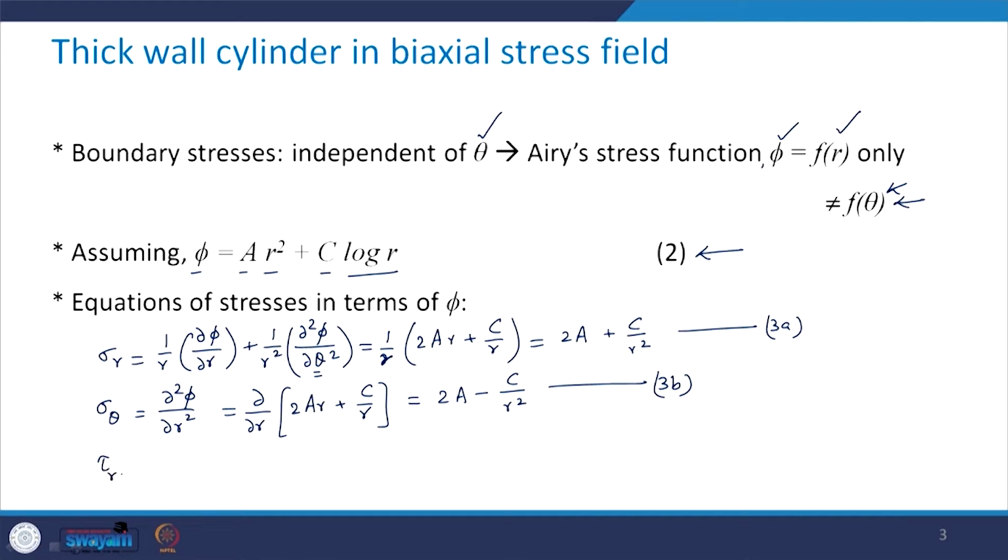Then tau r theta will be equal to 1 upon r square del phi del theta minus 1 upon r del 2 phi del r del theta. And what will be this? This will simply be equal to 0 because phi is not a function of theta, so differentiation with respect to theta will be equal to 0. So that's how we can obtain these equations of stresses in terms of phi.